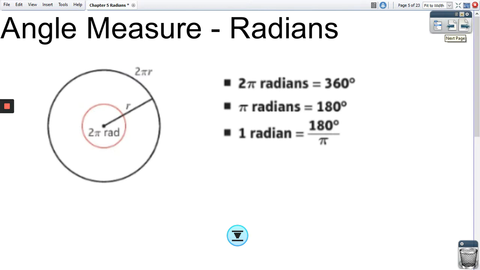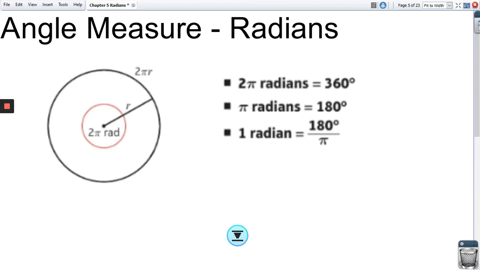So we can say that the circle has 2 pi radians in it. Now, this allows us to convert between radians and degrees. We know that there are 360 degrees in a circle, and there are 2 pi radians in a circle.